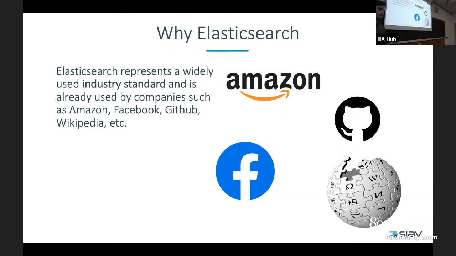Although being an industry standard is not a feature of the system itself, it's something that we are searching for, because having a system which is widely used and maintained by a community is kind of a warranty for us that if we build a system on top of it, we will not have to throw away all of our work just because in a couple of years the base of our work was thrown away for something new.